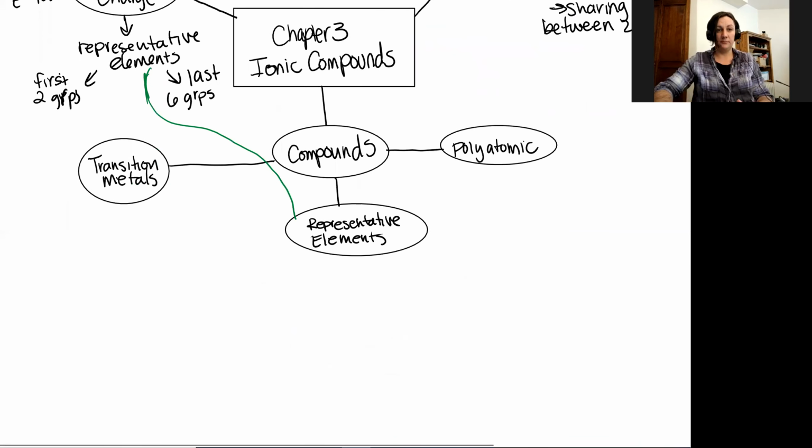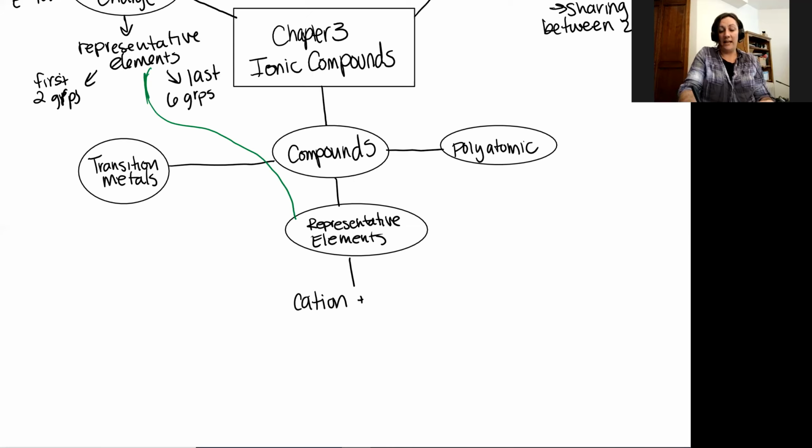So within our representative elements, we're always going to combine things where we have our cation first and then our anion second. Our cation is always going to be our metal, and our anion will be our non-metal typically. And we're going to combine these in a ratio where the charges balance out when you add them together.